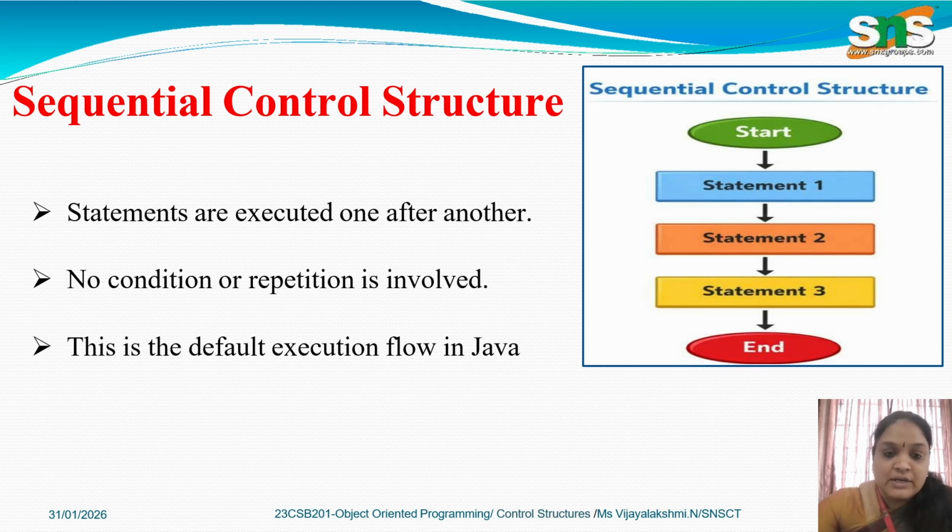So here there is no condition or repetition involved. We just have the flow of a particular program. This is what we are doing basically, or by default, in any kind of high level language.